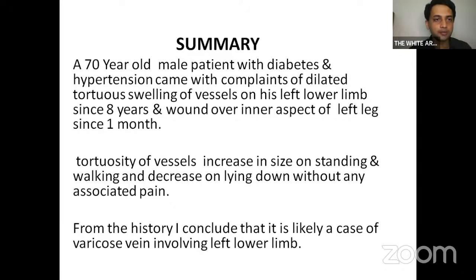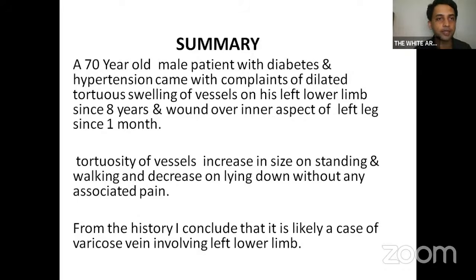It's most common in humans because of our erect posture, like you rightly mentioned in the beginning. So in the history, our main intention is to confirm that it's a varicose vein, and secondly, to look for the etiological agents causing these varicose veins.